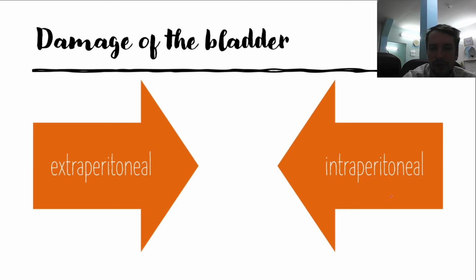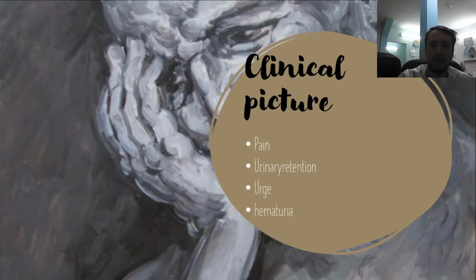Damage of the bladder. We can see extraperitoneal and intraperitoneal damage. With all of these there can be pain, urinary retention, urge, and hematuria.